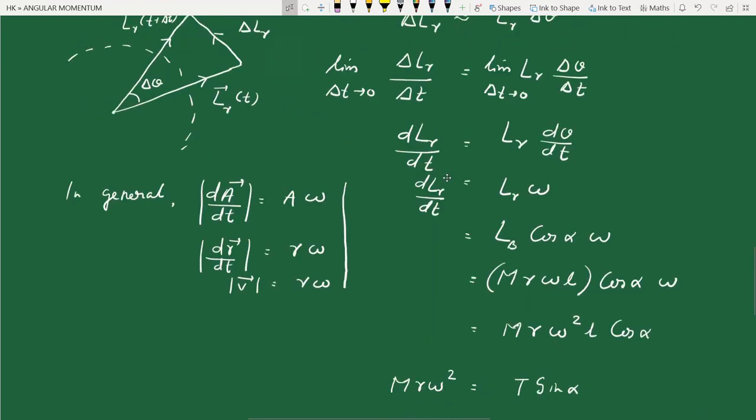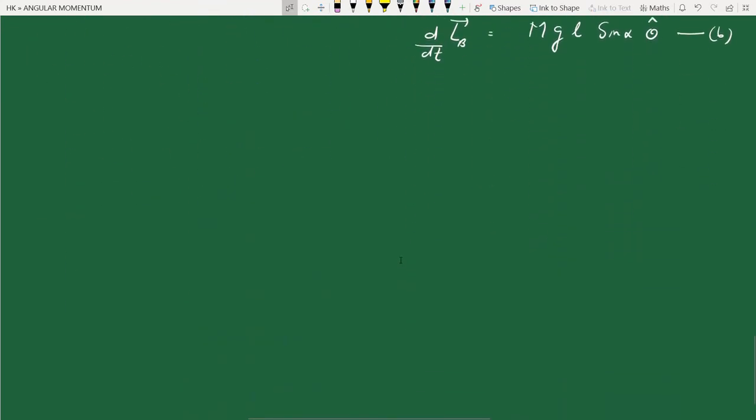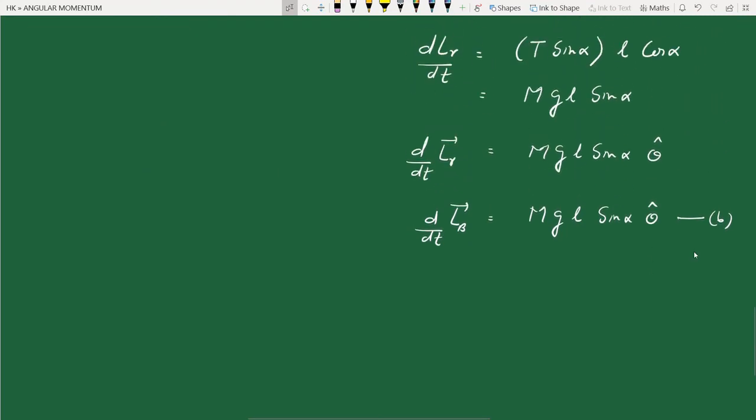D by dt of LB should be same as torque acting at the point B. So we have established this result from equation 5 and 6. We get the rate of change of angular momentum of the bob about the point B is equal to torque about the point B.